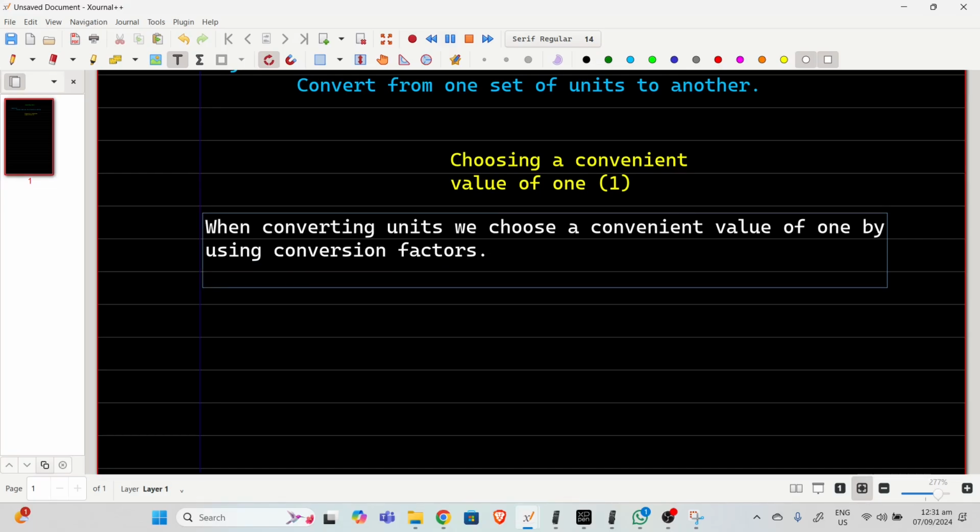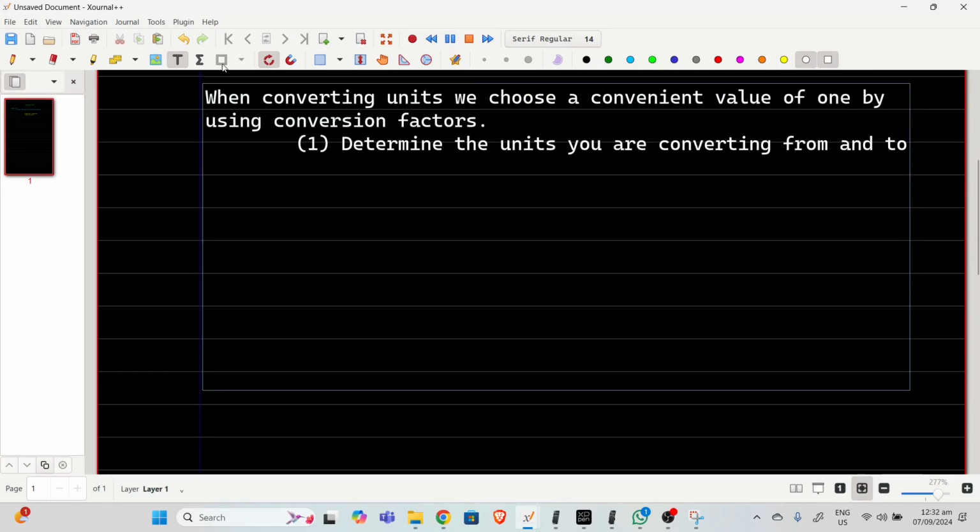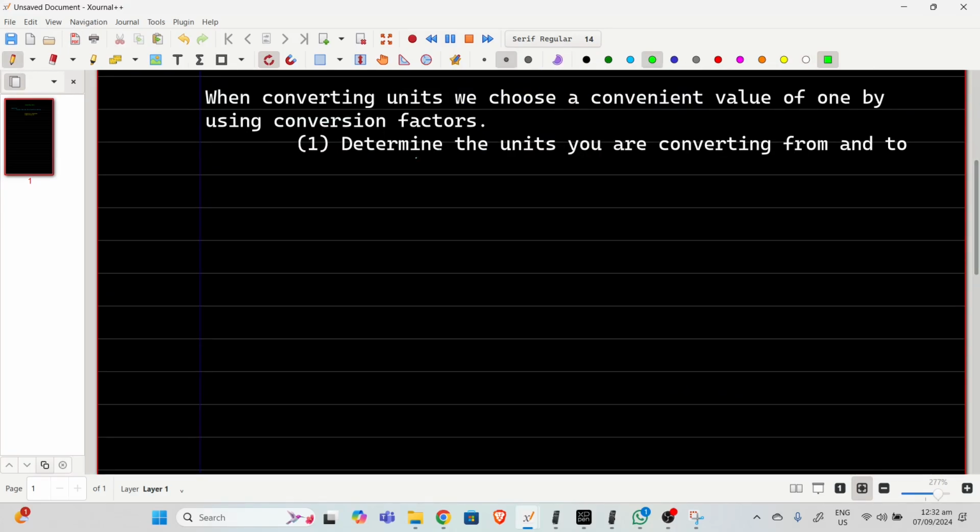The first thing we want to do is determine the units you are converting from and to. Let me put some lines here, and I'll do an example.